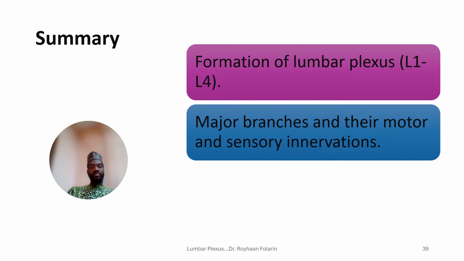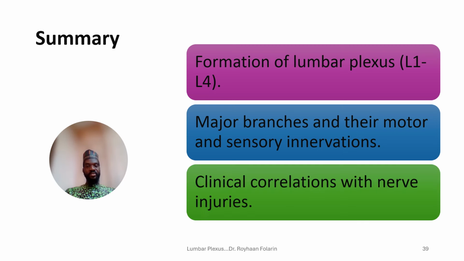Then the major branches: we explained that the lumbar plexus has the 7 major branches that we know, with the mnemonic "influencers rule life, followers open arms." You know what that means. And lastly, we've gone through a number of clinical nerve injuries that can result in significant motor and sensory deficits. So that's it for today's lecture.